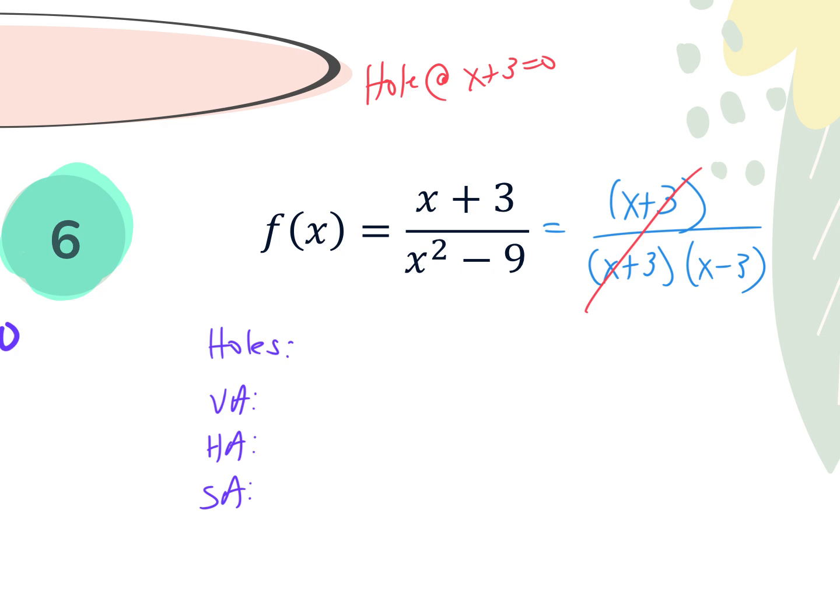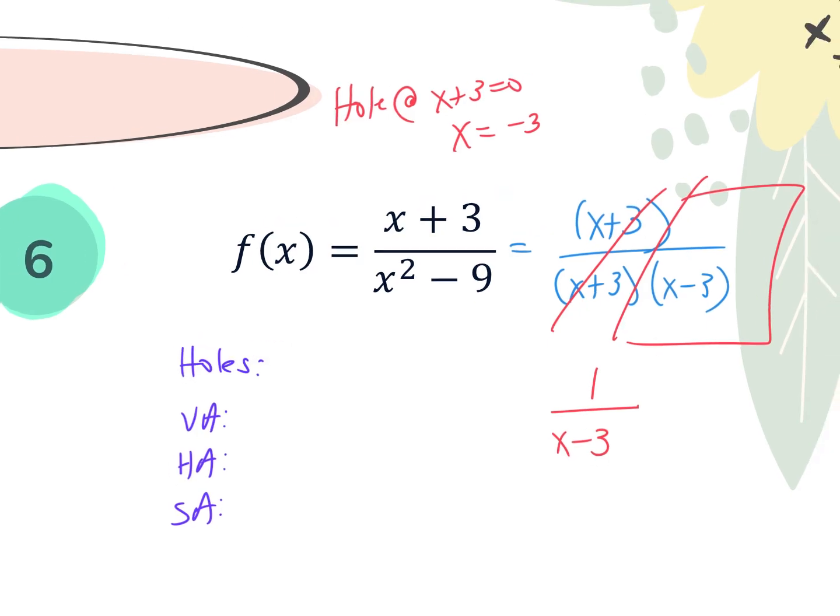So what is the x part of my hole? What's the x value? Negative 3. Good. What is left over? What is my simplified function that I'm going to look at now? 1 over x minus 3. Make sure you remember, guys, if there's nothing in a numerator, there's a 1.